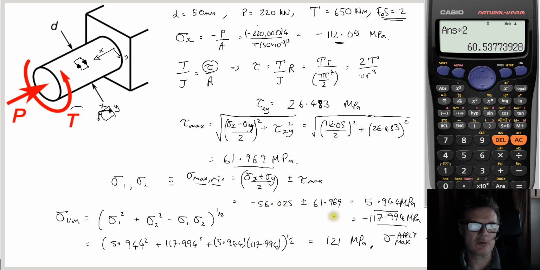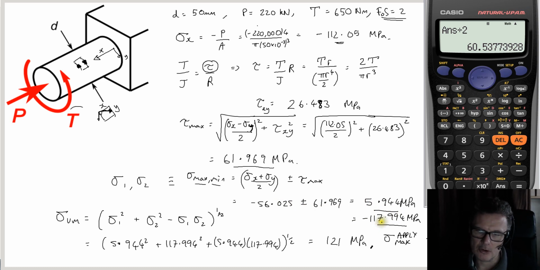But let's imagine we were looking at a case where we weren't compressing it, but we were pulling it apart, and we ended up with the maximum stress being this 118. Then you work out the von Mises stress. They always give you a positive number here. And then you find that the maximum stress according to the von Mises criteria is 121.